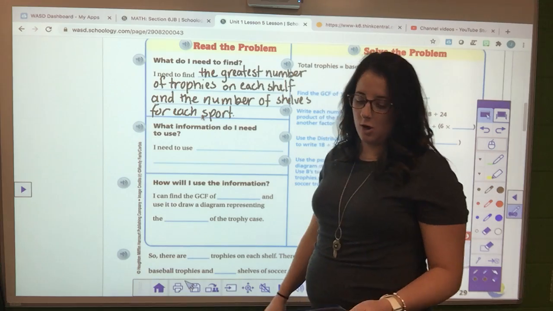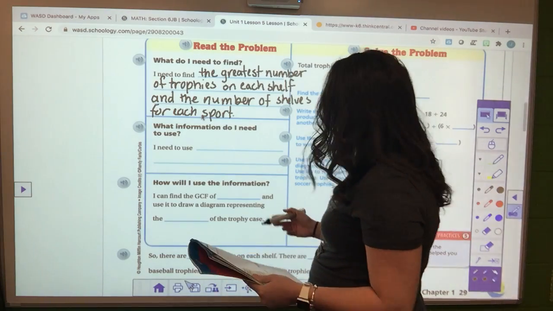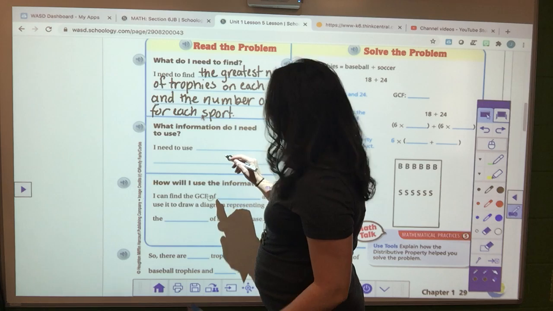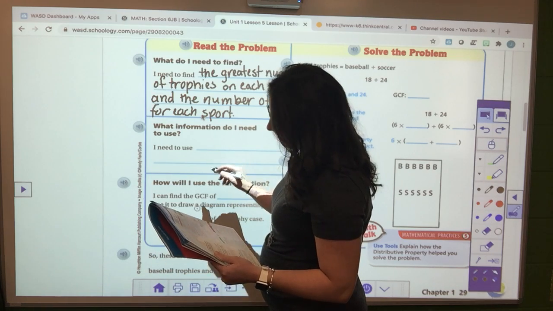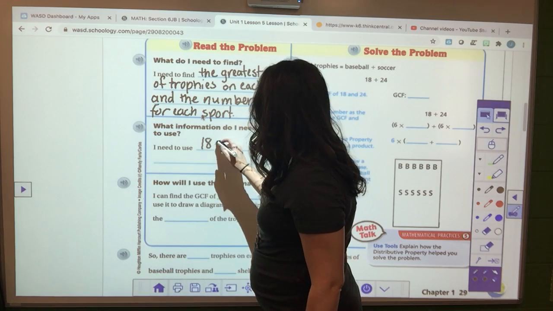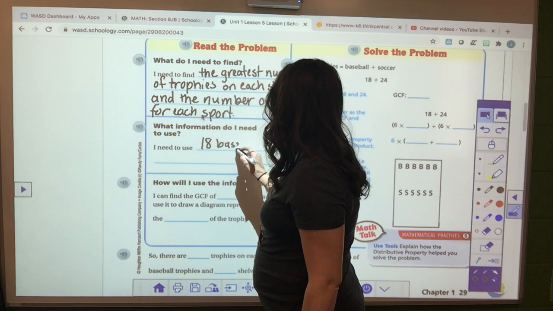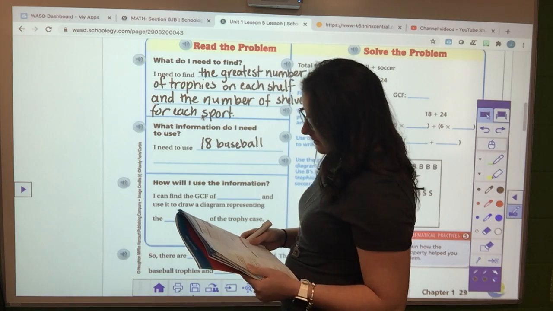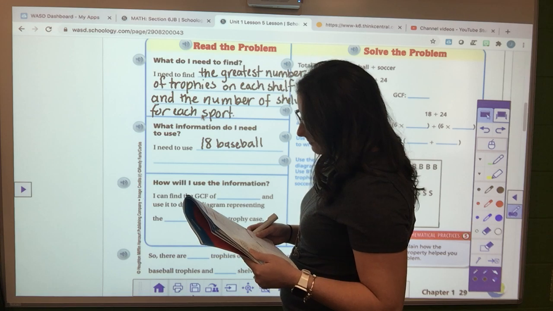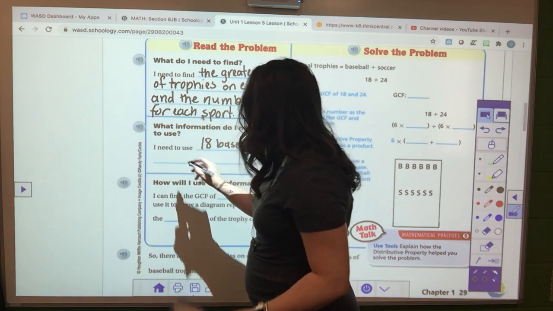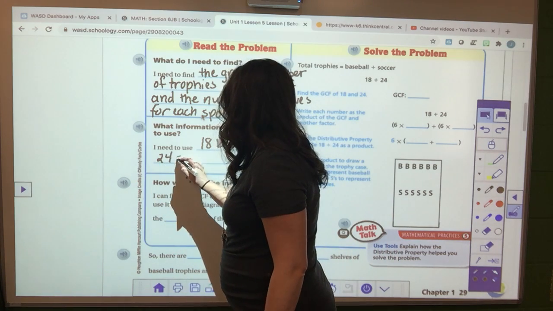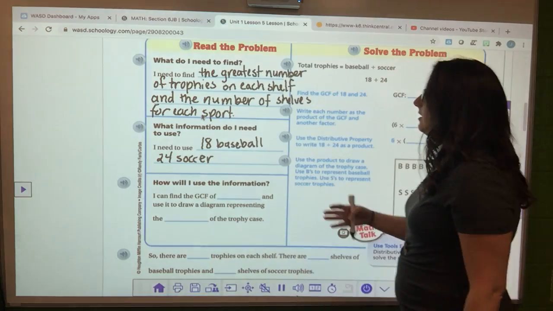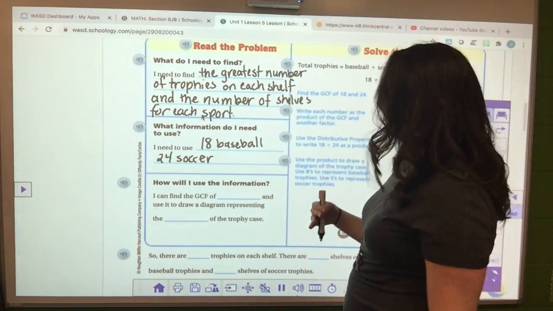What information are we using? We are using the fact that there are 18 baseball trophies and 24 soccer. Okay, that is the information we are basing our answers on.